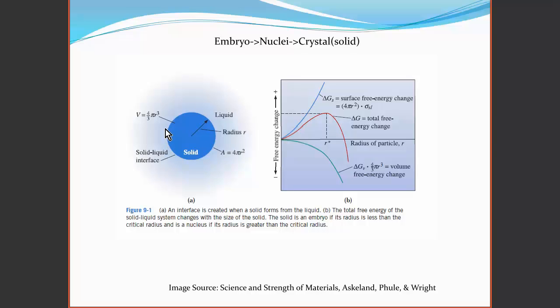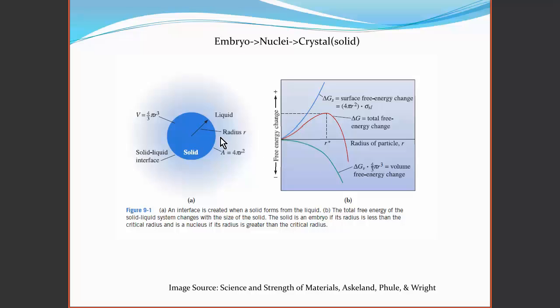As the free energy of the solid is proportional to its volume, and volume increases as r cubed, the reduction in energy of the system as the embryo increases in size, this axis representing the radius of the particle, will reduce as a cube function. So that's what the green line represents. It represents the reduction in energy due to the growth of the embryo.